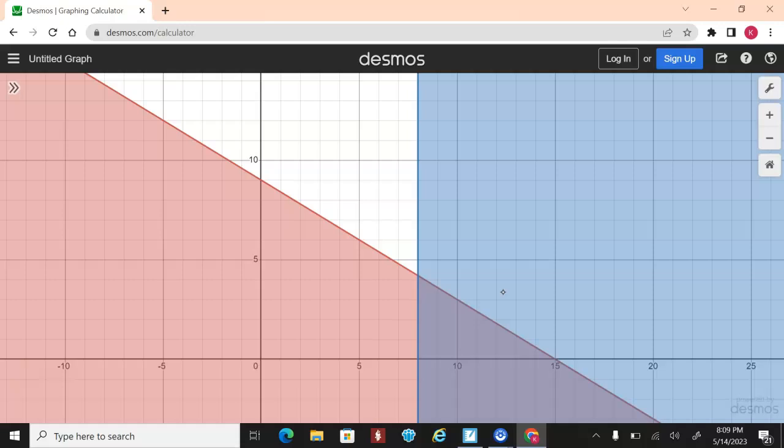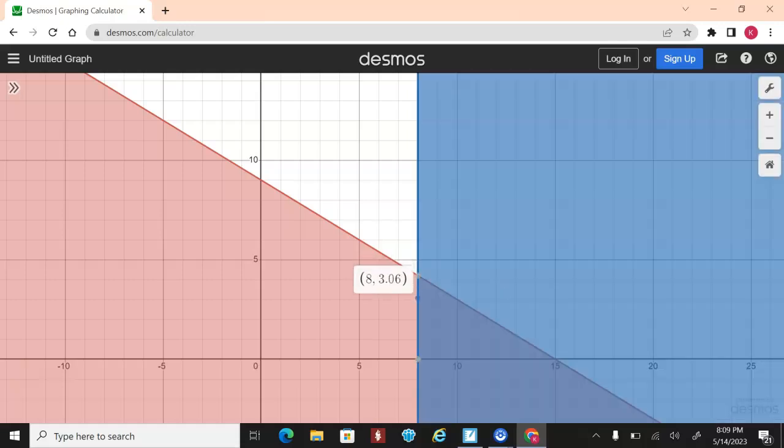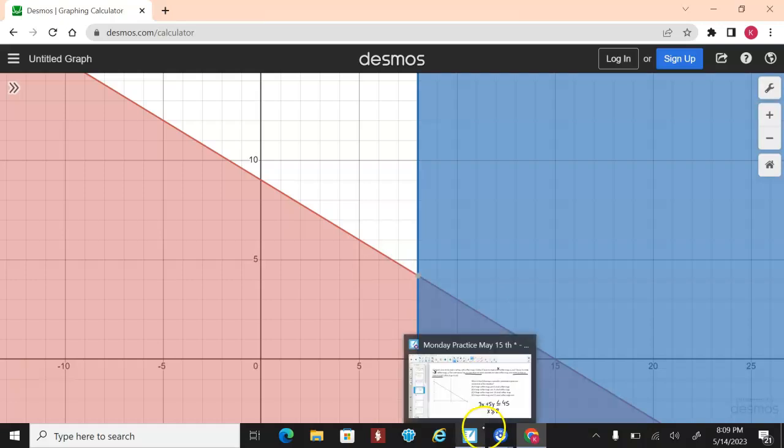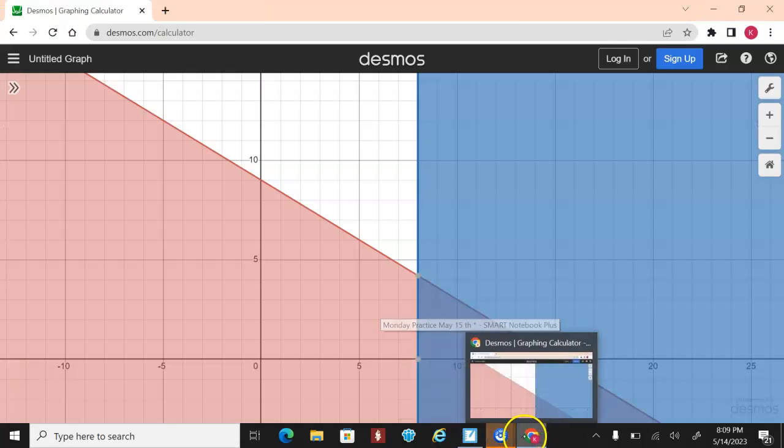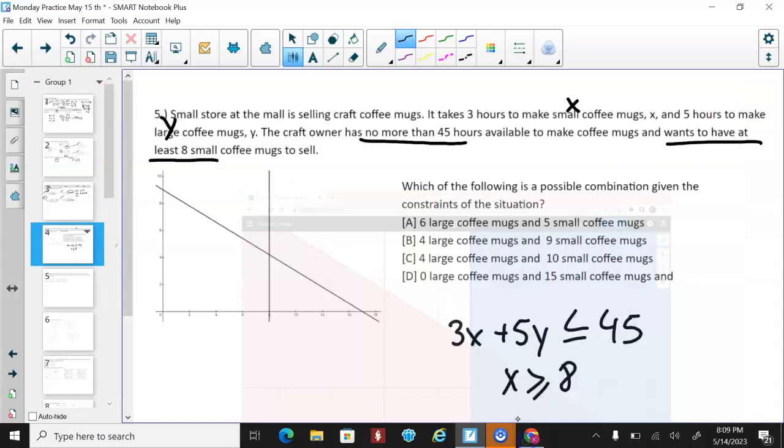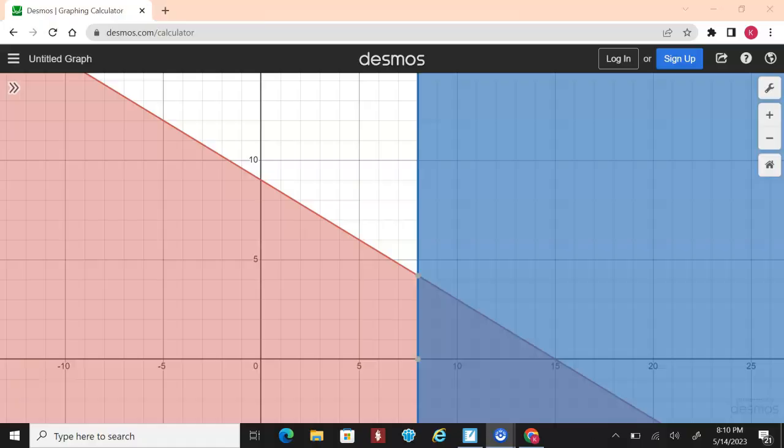Now, this triangle right here would be represented by the most shaded area right here. Sorry, I had some difficulties with the pen.